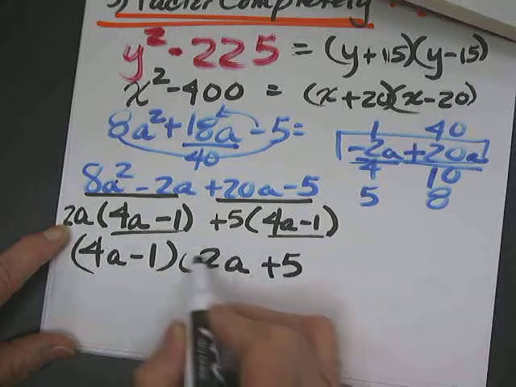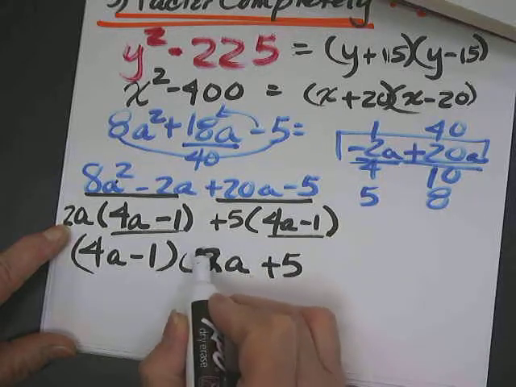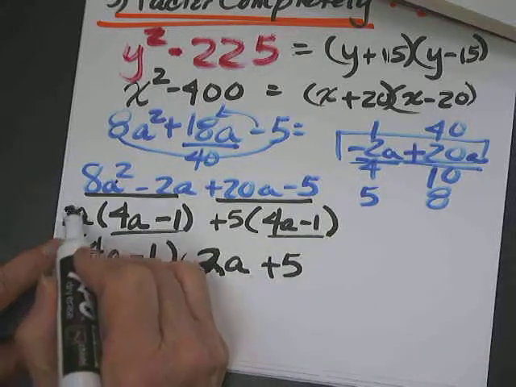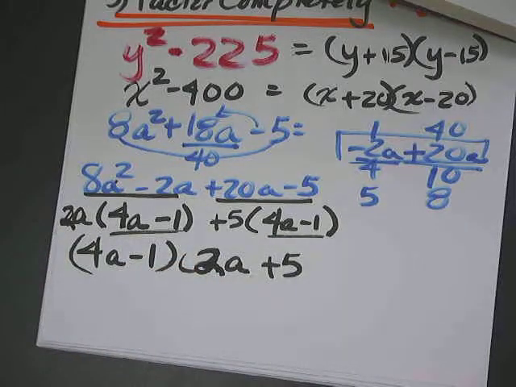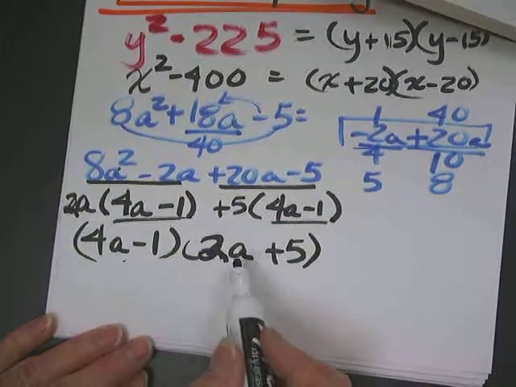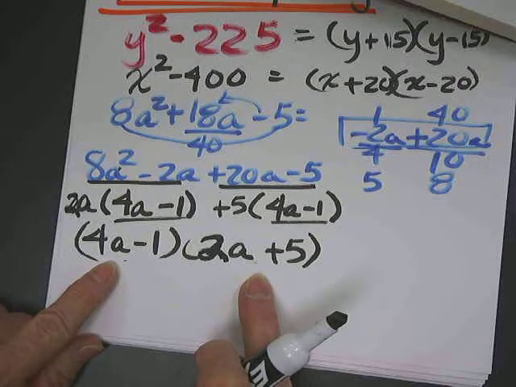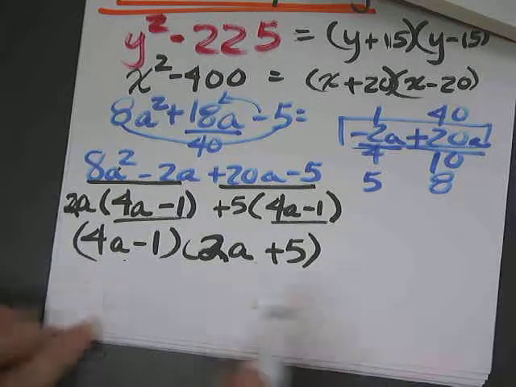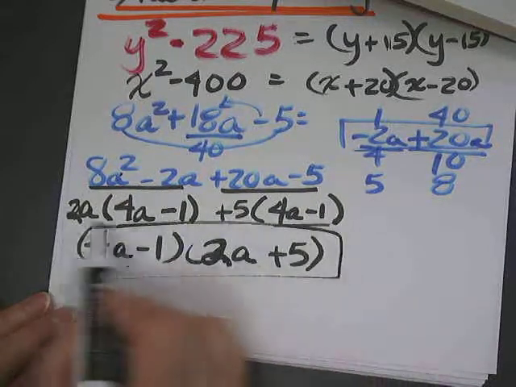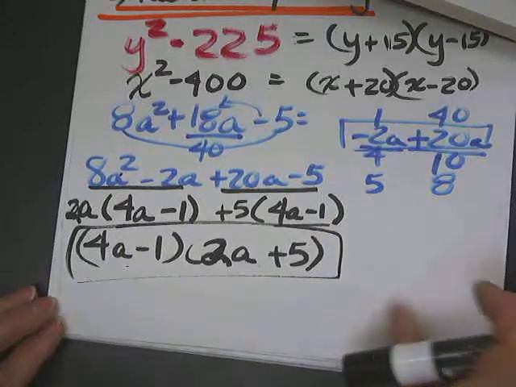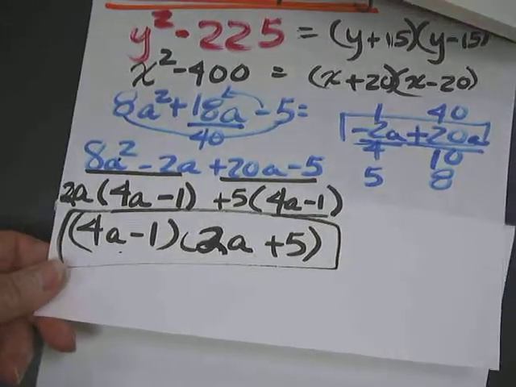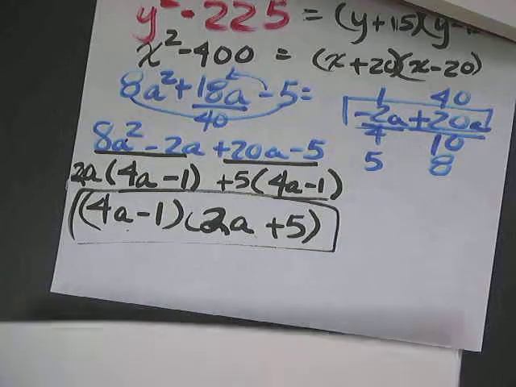Okay, 4a minus 1, and then 2a plus 5. I shouldn't be doing my 2's like that. They look too much like a Z. I should be curling them. Well, does either one of these factors keep factoring? No, we're done.